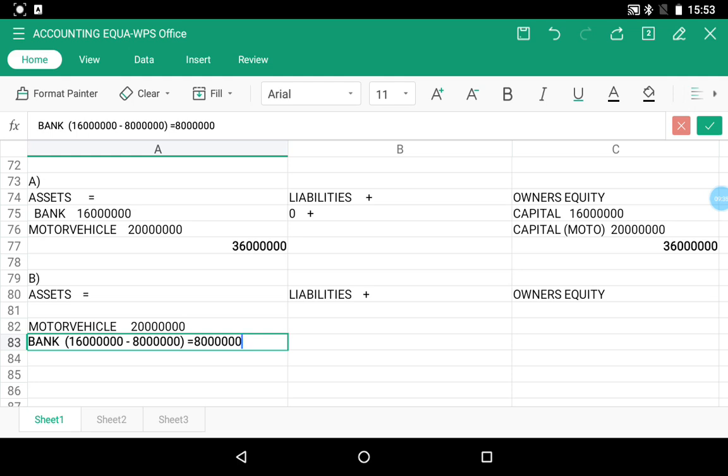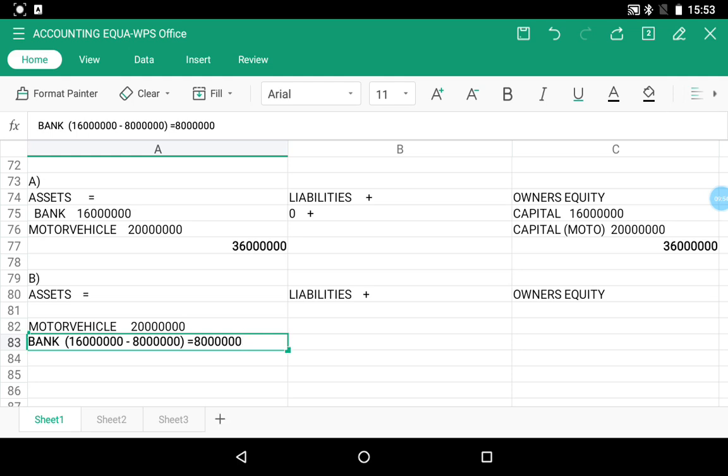Remember, this 16 million is the balance of bank from our previous transaction. But here they said they purchased iron sheets worth 8 million. So when you get 16 million and you take away 8 million of iron sheets, you remain with 8 million.